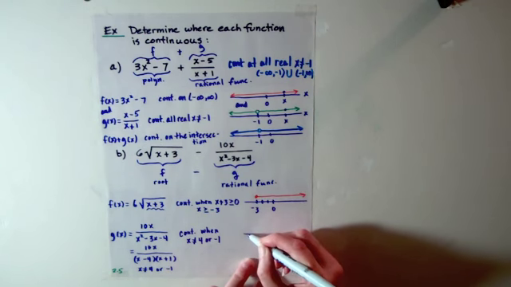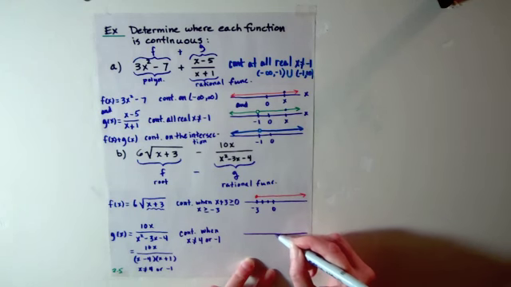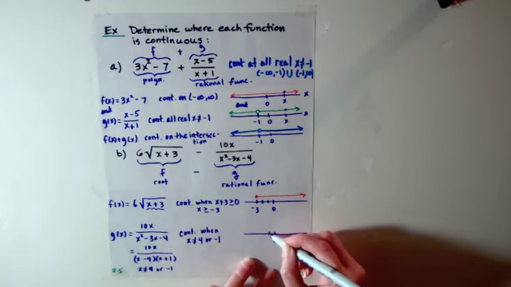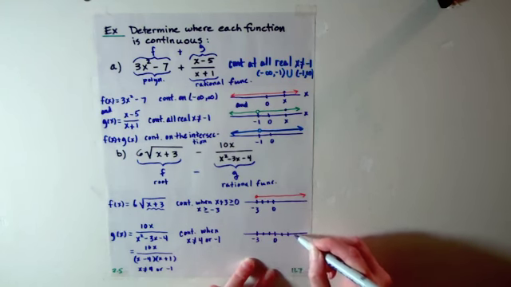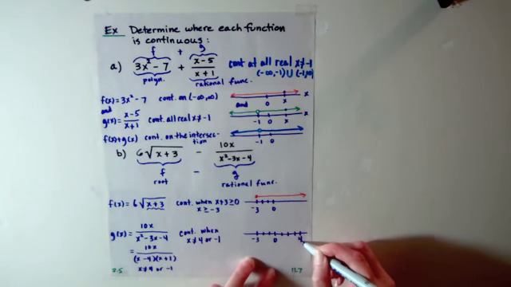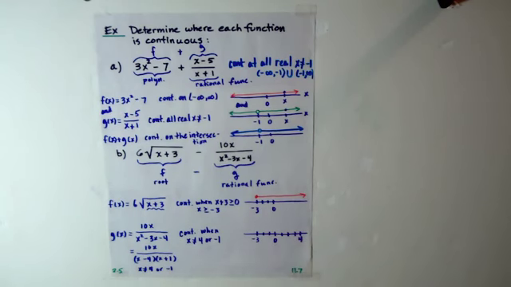Well, let's go ahead and put those down on a number line, and I'll try to draw this number line right underneath the one I did above. And in green, I'll put down a graphical representation of all the places where g is continuous.